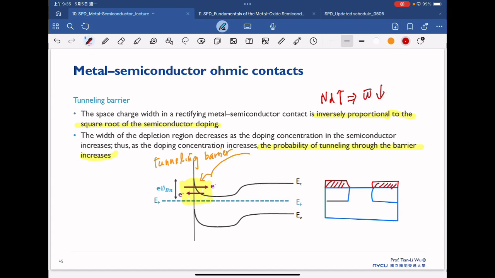So we have the metal on top of the source drain doping region, and we all know that we have to consider the contact resistance between the metal and semiconductor junction.